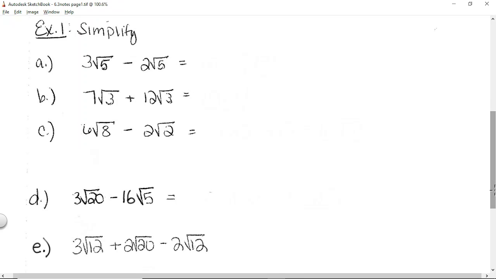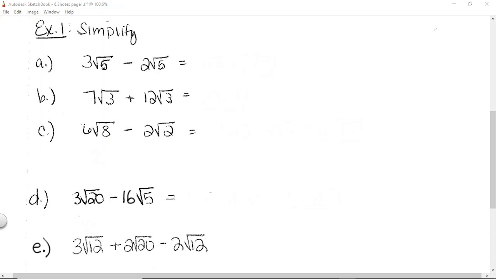So we see these have the same radicand in example A. So we simply add or subtract the coefficients. Okay, so in this case, the radicand is 5 in both cases.